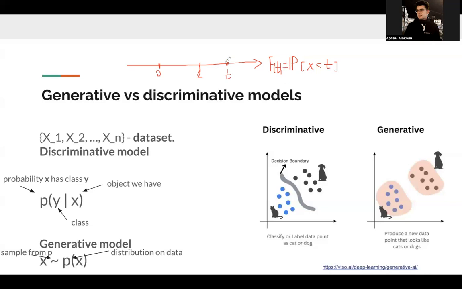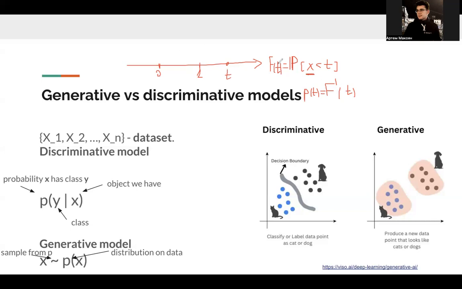And we have a density function, which is the derivative of f of t. Here x is a random variable from our distribution.